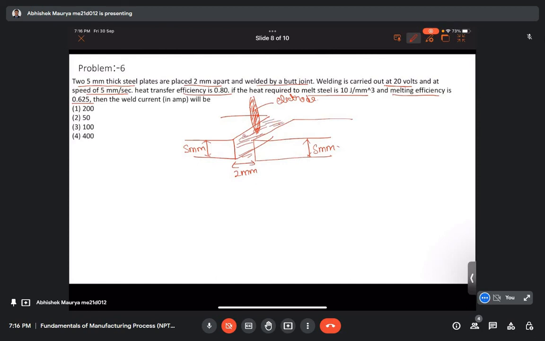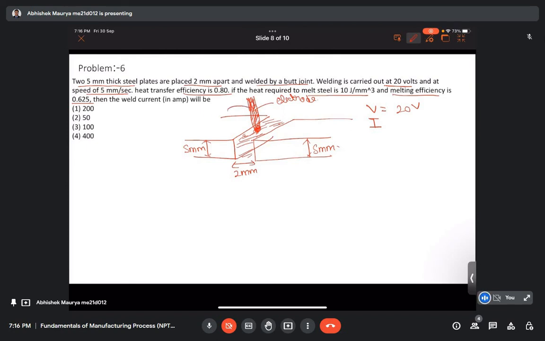The current which we are supplying is not given, that we have to find out. The voltage which we are using is 20 volts, and since current is not given, let's assume the current value is I. Because of this voltage and current, heat will get produced, and that heat will try to melt the electrode.